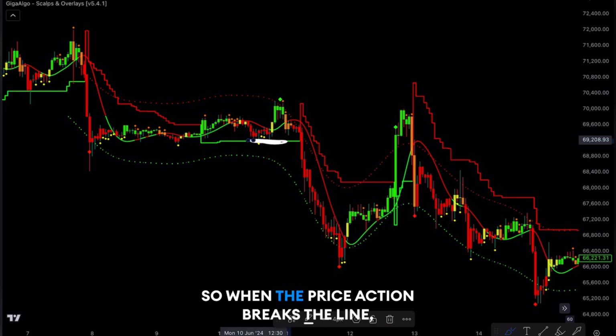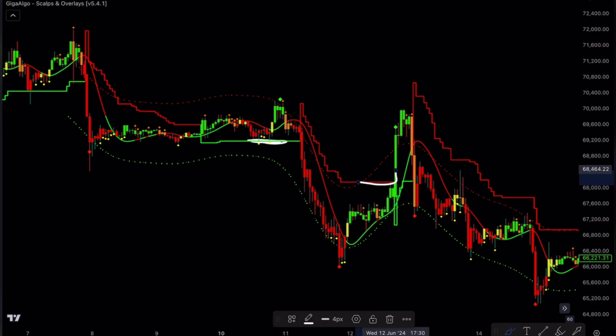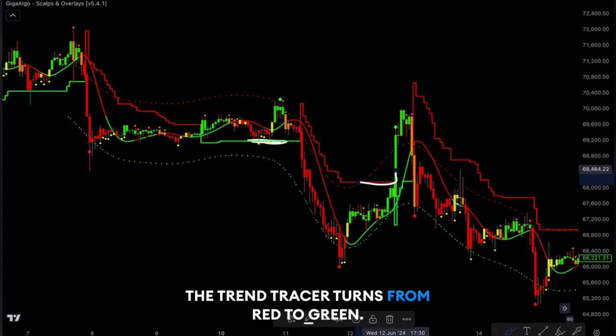So when the price action breaks the line, the trend tracer changes from red to green.